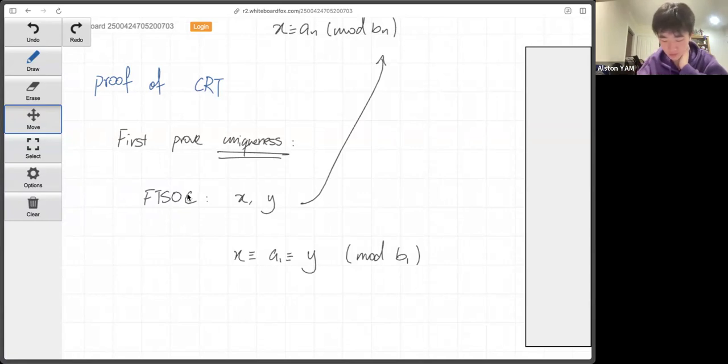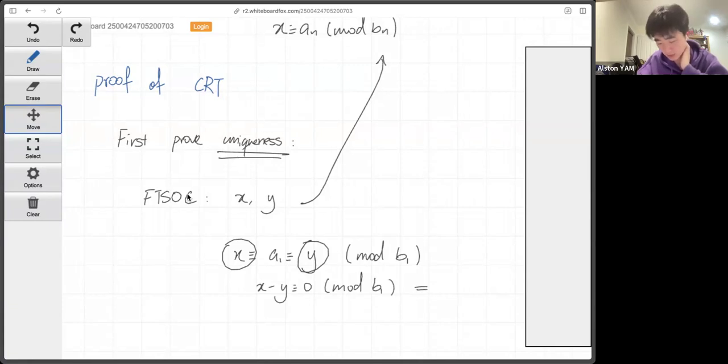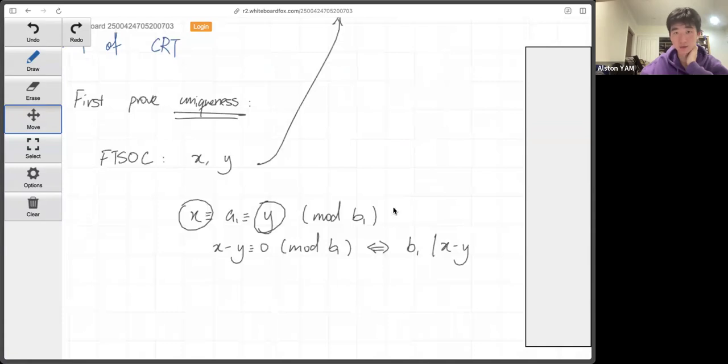And what we can do is take this and this, and say x minus y is congruent to 0 mod b1. In other words, this is equivalent to b1 divides x minus y. This is what we can say because they leave a remainder of 0 when divided by b1.